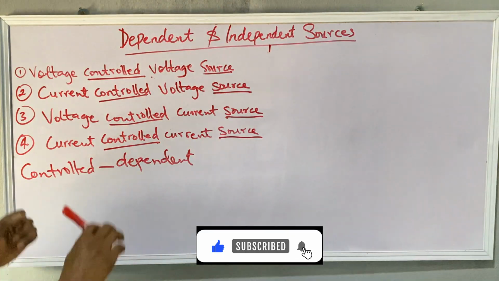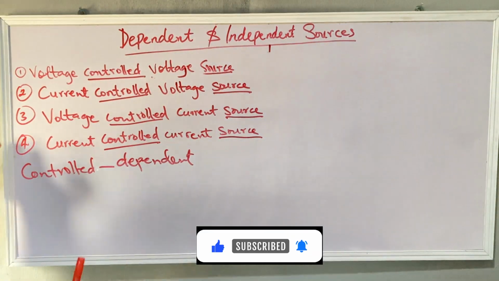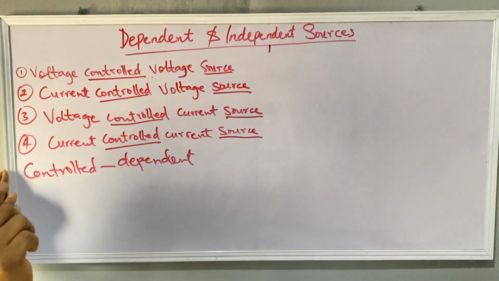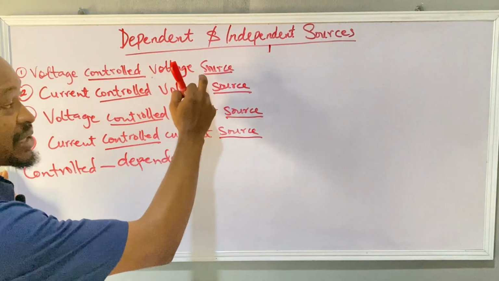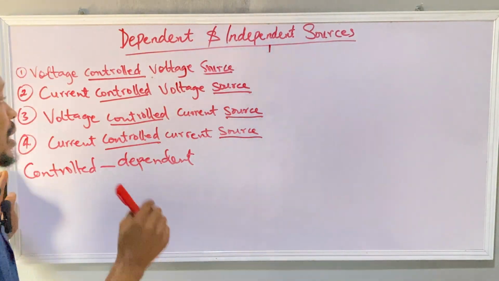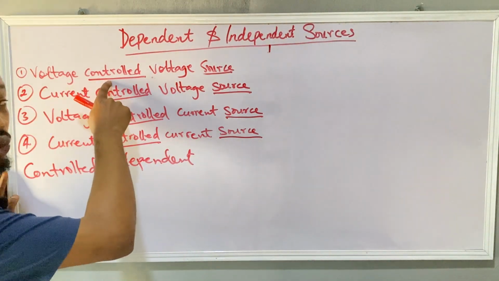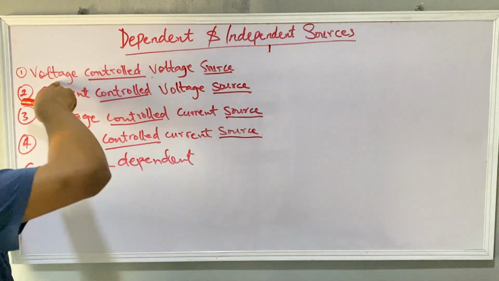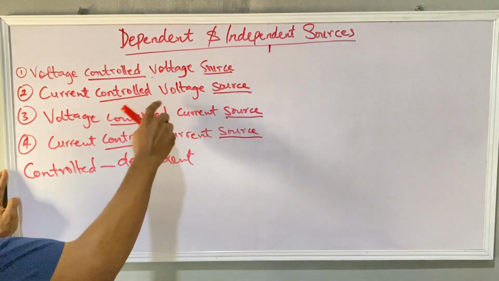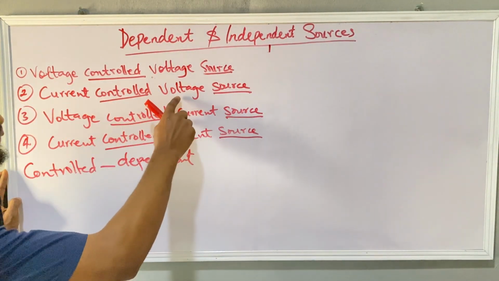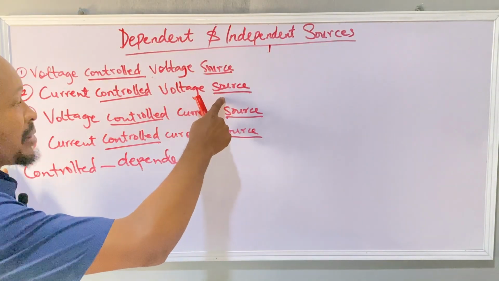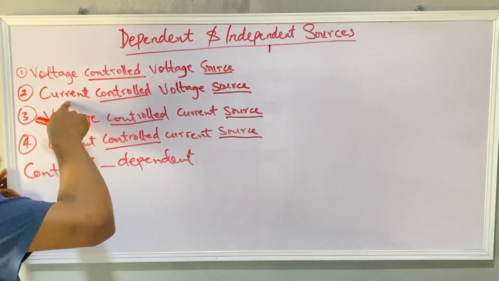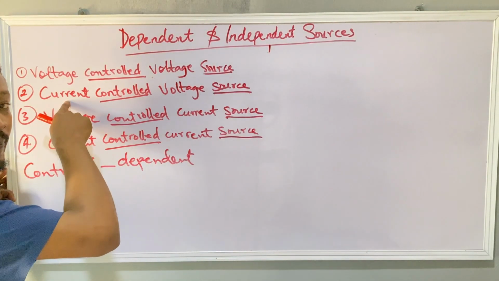So let me differentiate this. When you see source, voltage source, one thing that should come into your mind is that voltage is the main source. And when you see voltage control, it means this voltage source is being controlled by another voltage. Likewise, when we come to the second one, voltage is the source, but it's being controlled by a current source.